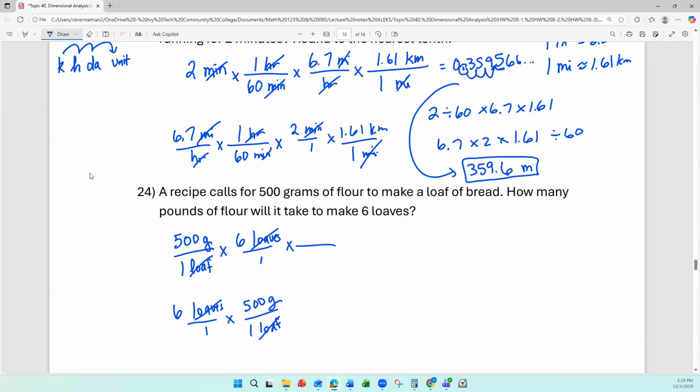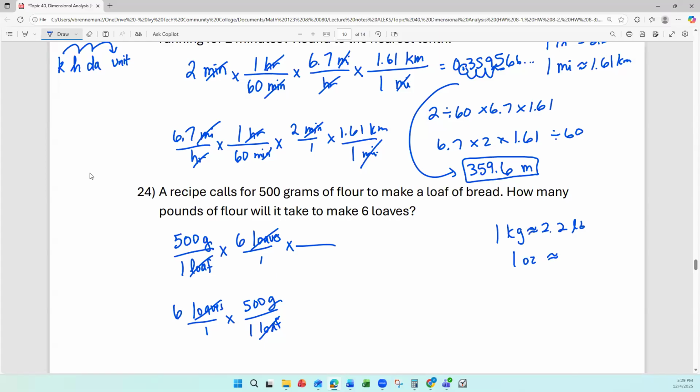So on the formula sheet, we have the weight conversion, or again, if it gives it to you in the question, use whatever it gives within the question. But the formula sheet has 1 kilogram equals 2.2 pounds, and it has 1 ounce is approximately 28 grams.